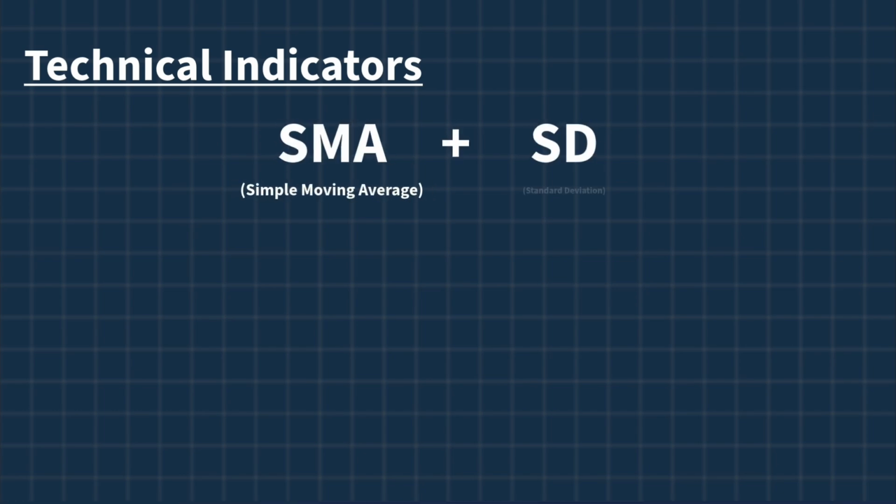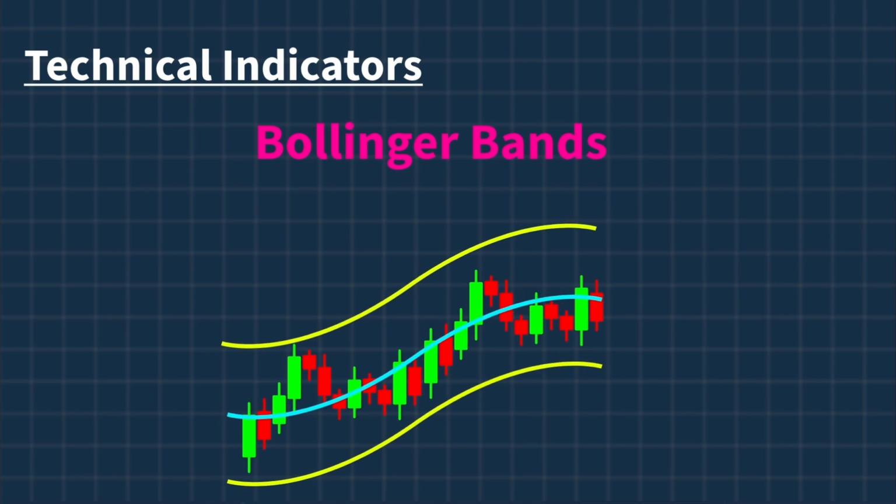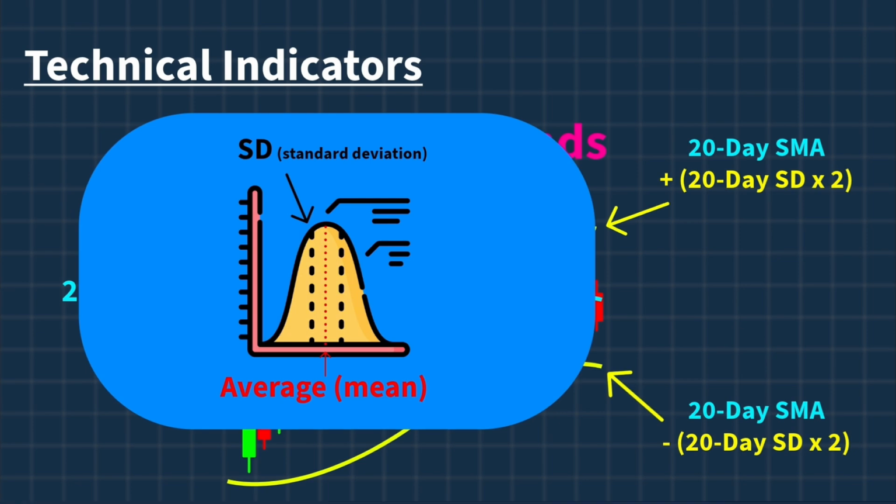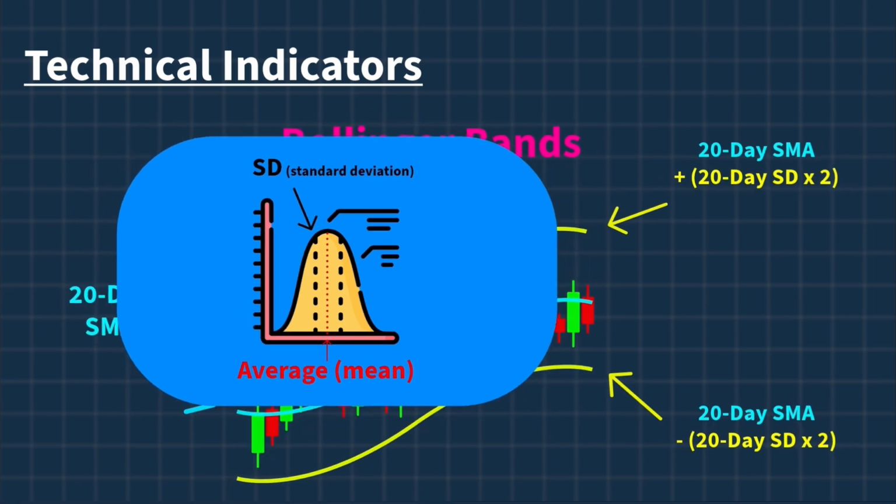And then you have ones that use a combination of simpler calculations, such as Bollinger Bands, which are the 20-day simple moving average as the middle line, plus or minus the 20-day standard deviation times 2. Standard deviation is just how far from the average a number is.